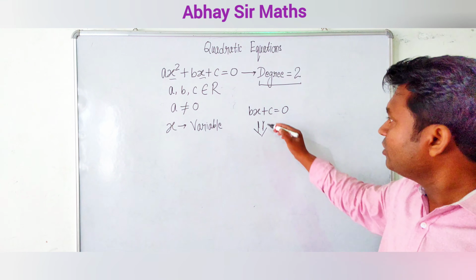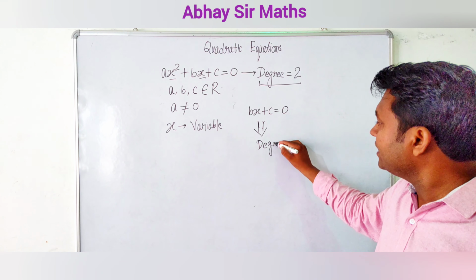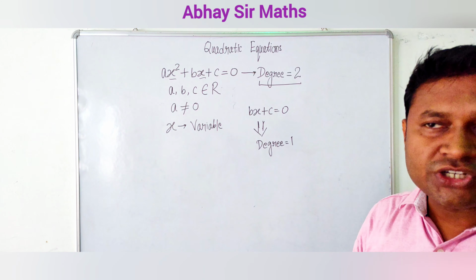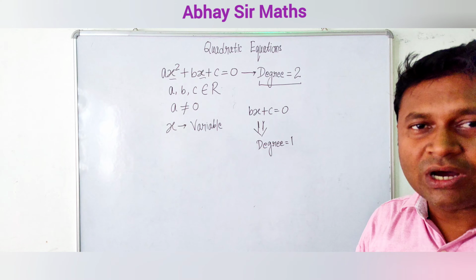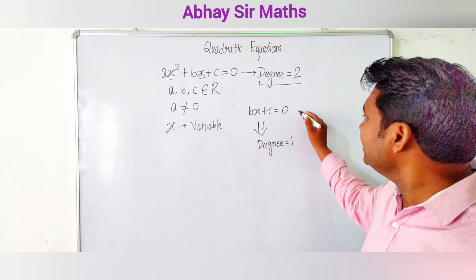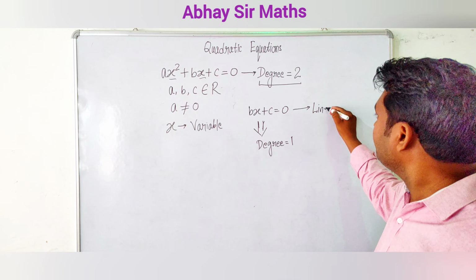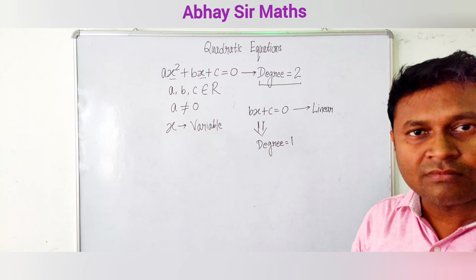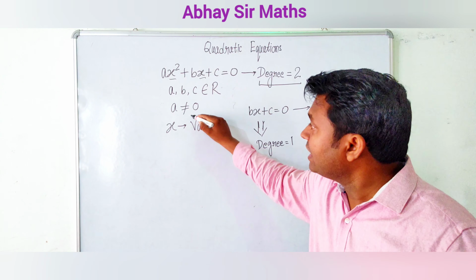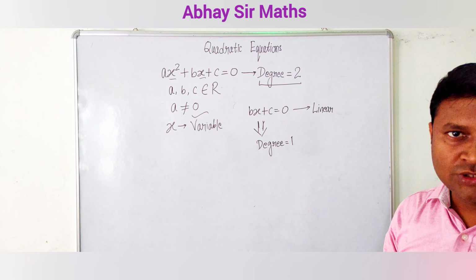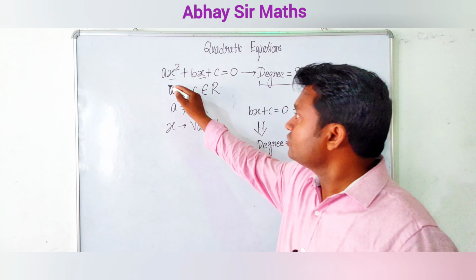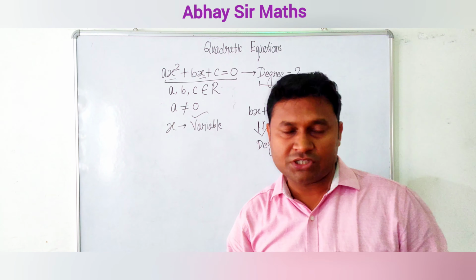No, because the degree here is 1, and any expression having degree 1 is called linear. So this is not quadratic but a linear equation, and that is why we cannot have a equal to 0. This is also called the standard form of a quadratic equation.